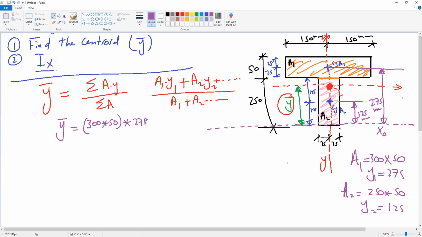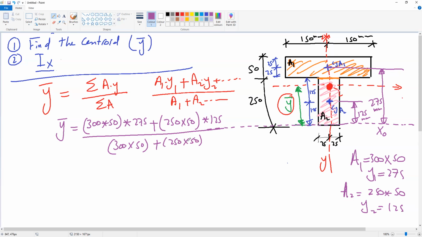We can do it outside or in a table, and then calculate the formula. So we have plus A2, 250 times 50, the area times the coordinate Y2, which is 125, divided by 300 times 50 plus 250 times 50. Using this formula, we get that y bar is 206.6 millimeter.